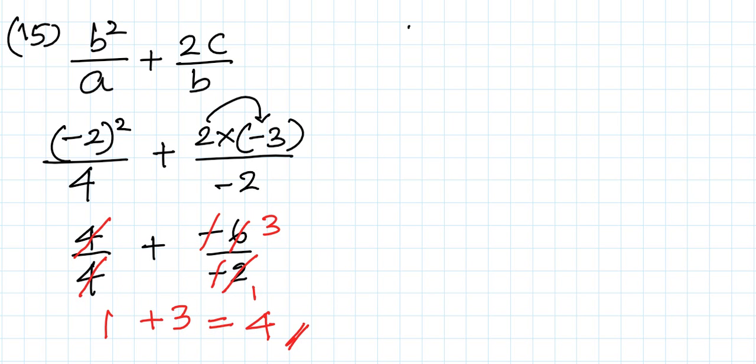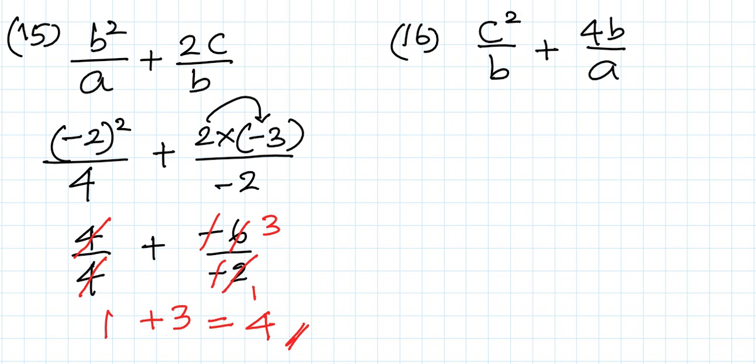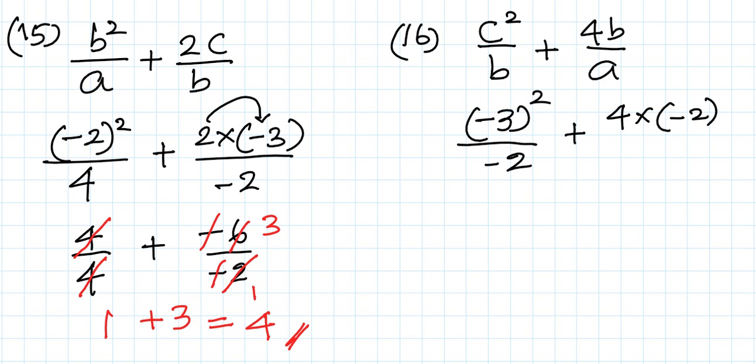And the last question is question number 16, that is c square over b plus 4b over a. So I am substituting the values. (-3) whole square over b, which is minus 2, and plus 4 times again b, which is minus 2, over a, which is 4. So here (-3) square is 9 over minus 2, and plus here I get minus 8 over 4.